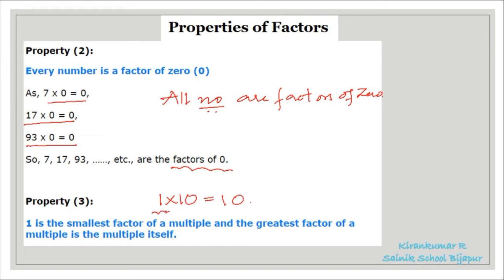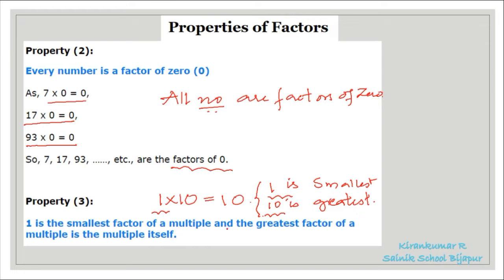This 1 is the smallest factor of 10 and 10 is the greatest factor of 10. 1 is smallest, 10 is greatest. A number is the greatest factor of itself. 1 is the smallest factor of the given number. This third point you must remember.